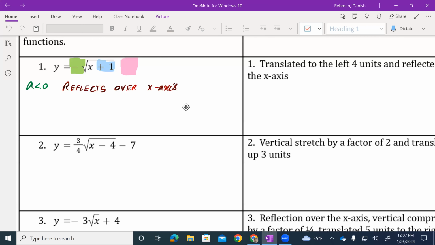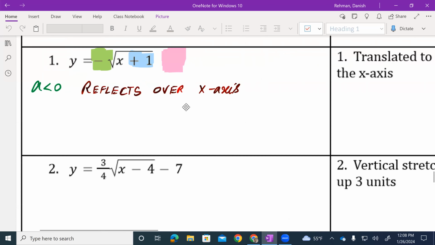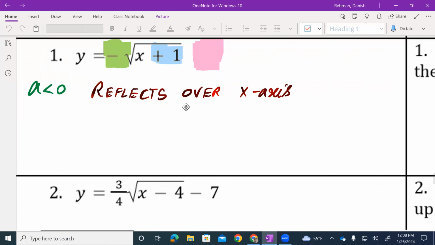And next week, in your test, you will have something like 4 or 5 questions where you will just be determining the translations, the transformations. What is it saying? Reflects over x-axis, moves right or left, shifts up or down. That's what you will be claiming in the test next week. Okay? Next week you have a test over this.